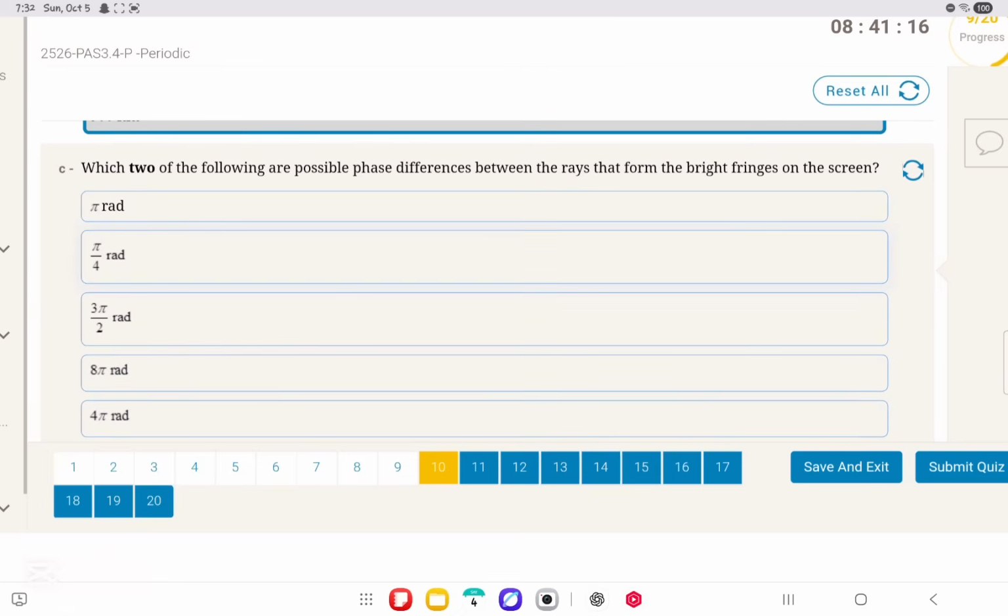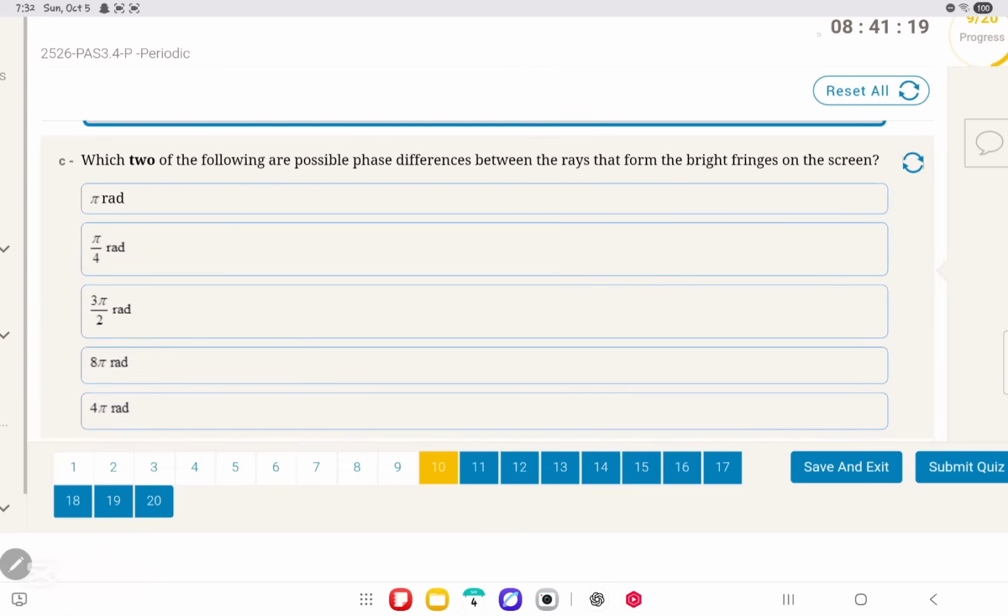Now, we finished discussing the path differences. Let's move on to the phase differences. Which of the following are possible phase differences? Okay, very simply, in order to understand the value of the phase difference, it's the ratio of wavelength 1 to wavelength 2.